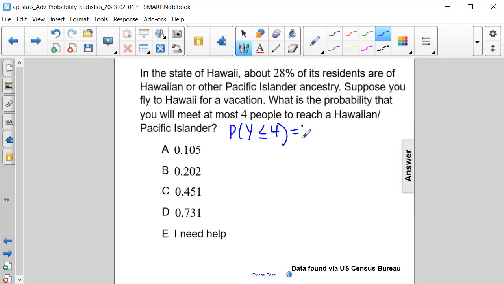So that means we have to determine the probability that y is equal to 1, and then add to that the probability that y is equal to 2, plus the probability that y is equal to 3, plus the probability that y is equal to 4.